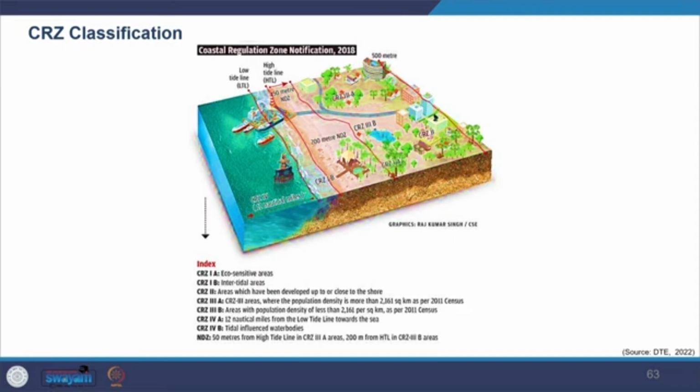Then you see CRZ3A, the subdivision, which are densely populated areas where the population density is more than 2000 per square kilometer as per the 2011 census. The area up to 50 meters from the high tide line on the landward side is usually marked as the no development zone, which is NDZ.